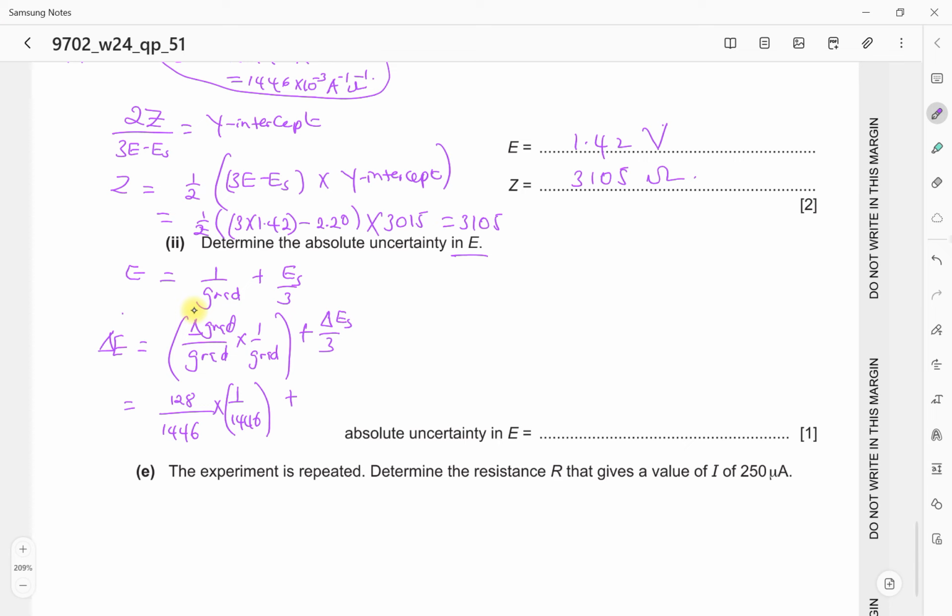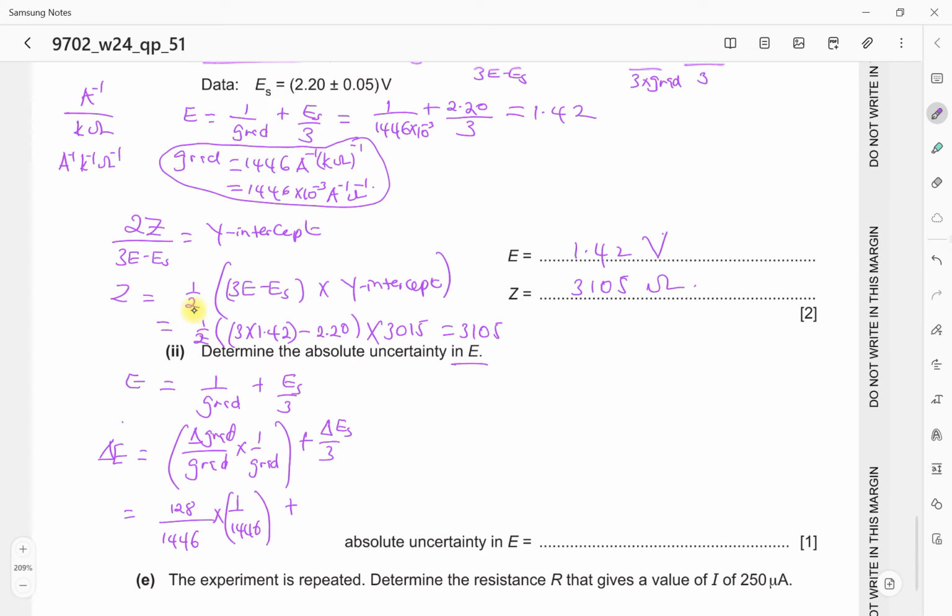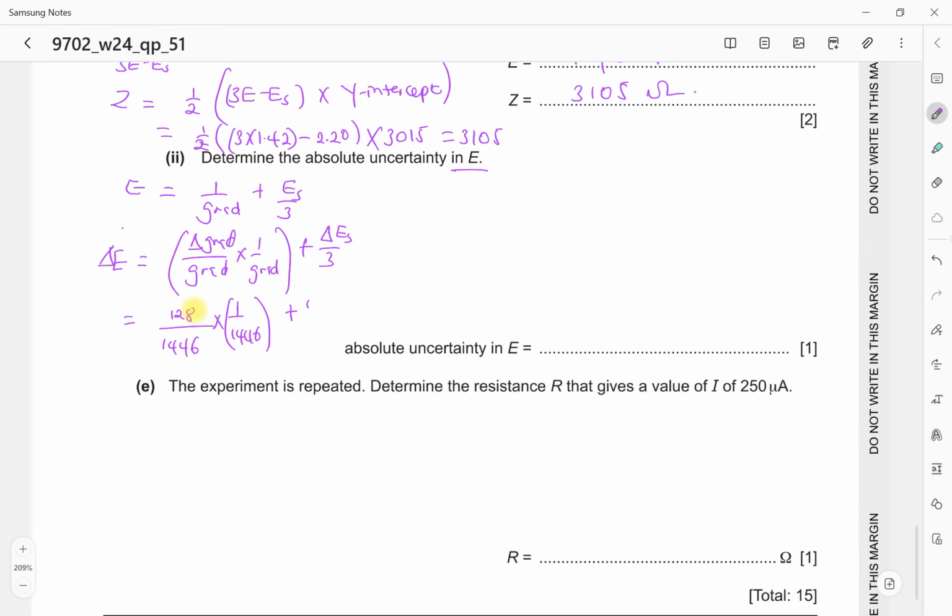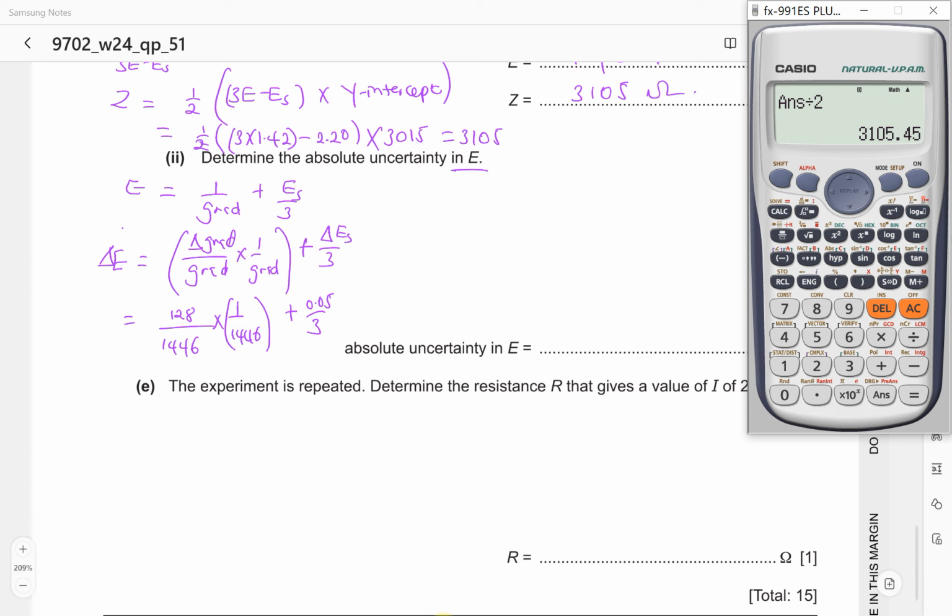Then plus the absolute in ES, which is given as 0.05, divided by 3. So 128 divided by 1446, divided again by 1446, then plus 0.05 divided by 3. So I'm getting the absolute as 0.017.